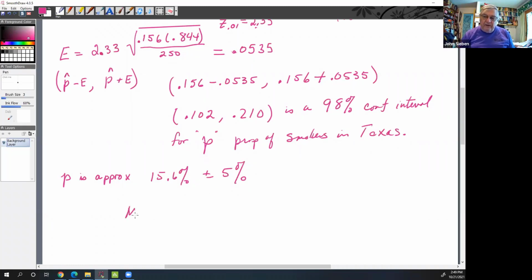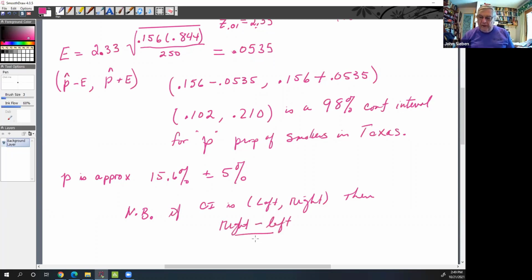Note, to use our Latin again, nota bene, if the confidence interval is (left, right), then (right minus left) divided by 2 would be the margin of error.